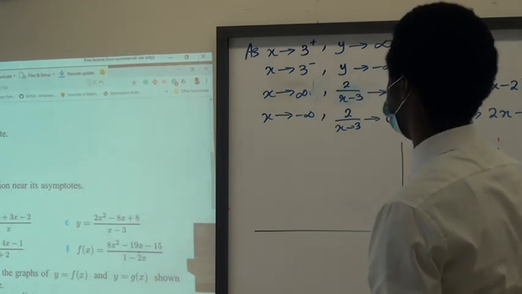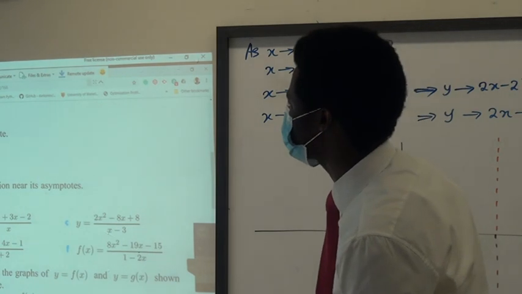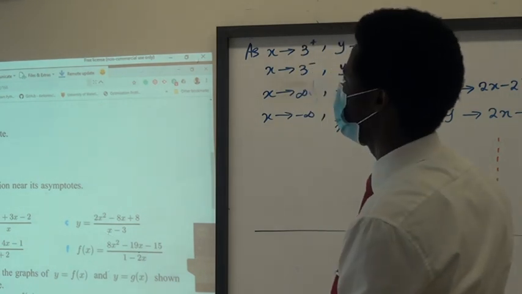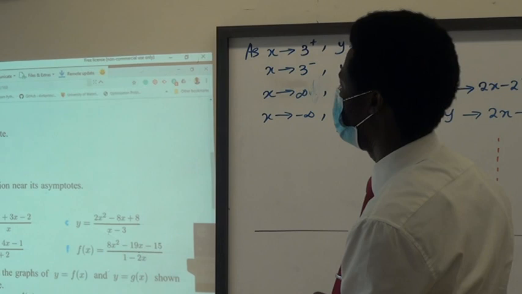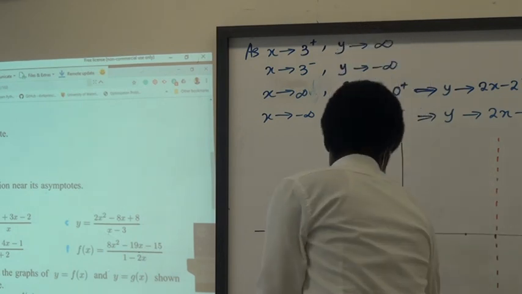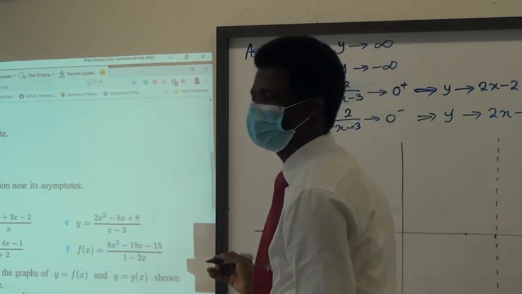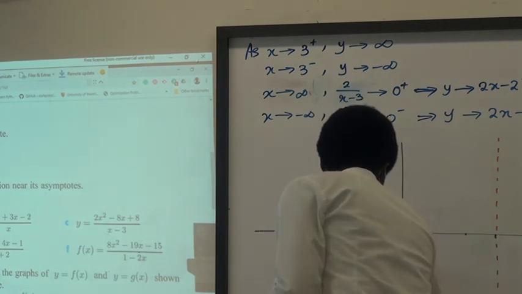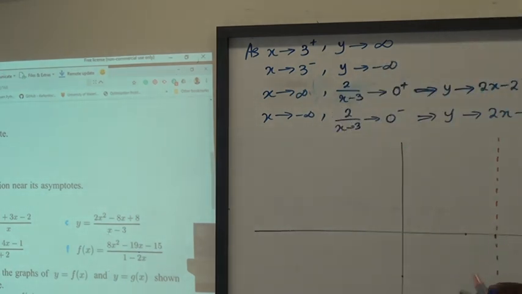Now, this is one intercept. Will you have a y-intercept? Yes, negative 8 over 3. So 8 over 3 is like 2 point something, right? So maybe something here. Okay, so I put the dot there.